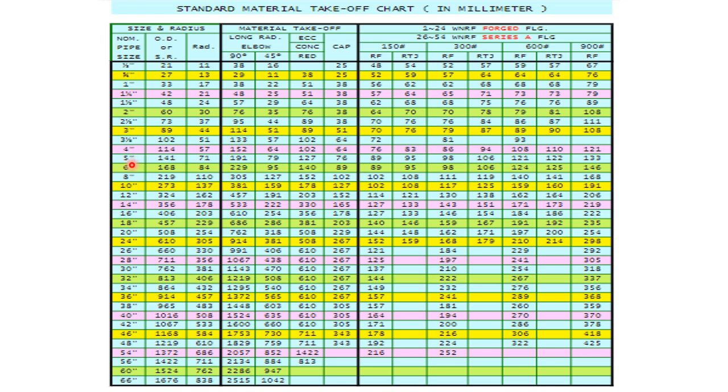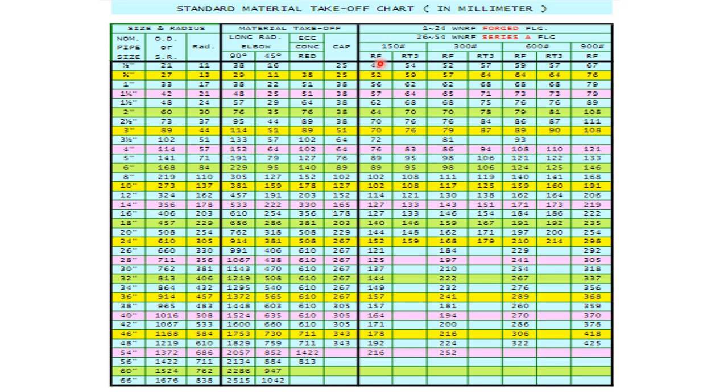If we see 4 inch, it is given 76, for 5 inch 89, for 6 inch 89 also. Now for 8 inch 102, for 10 inch 102.